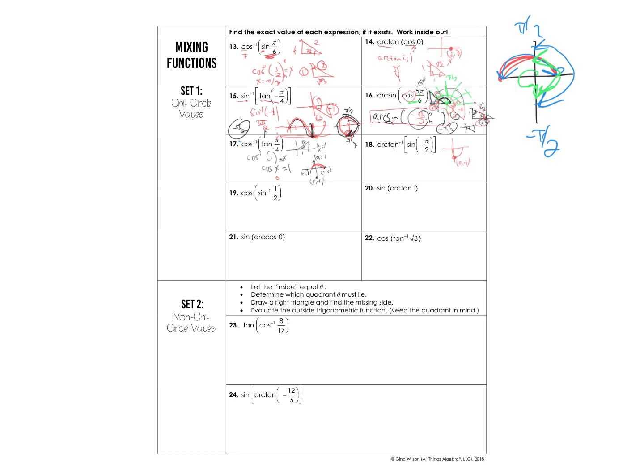There's no triangle there, just a point. So what is the sine of a negative pi over 2? Well, I hope you remember that x is the cosine, y is the sine. So I'm going to say negative 1. Do you agree?